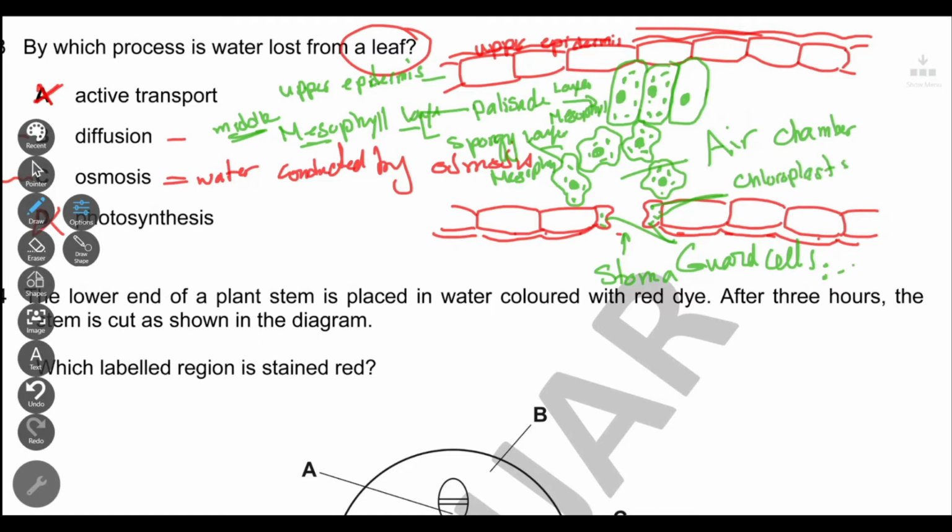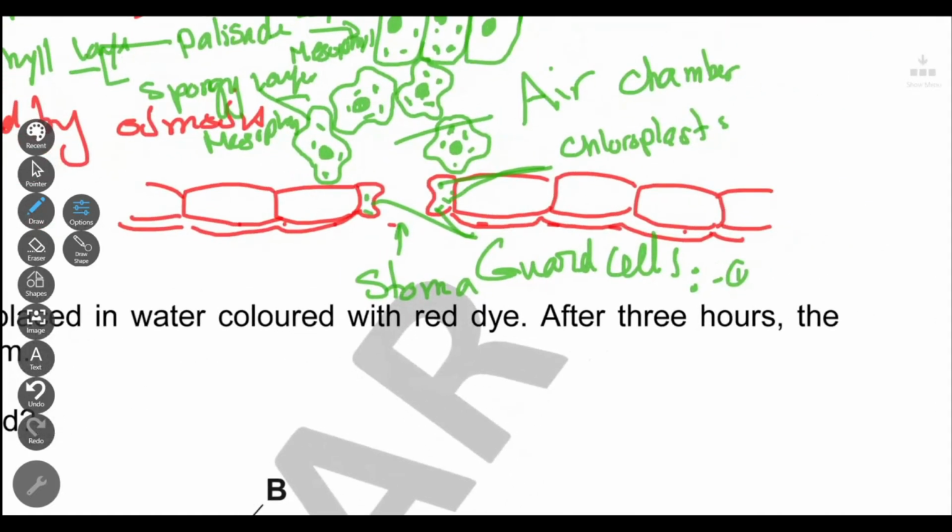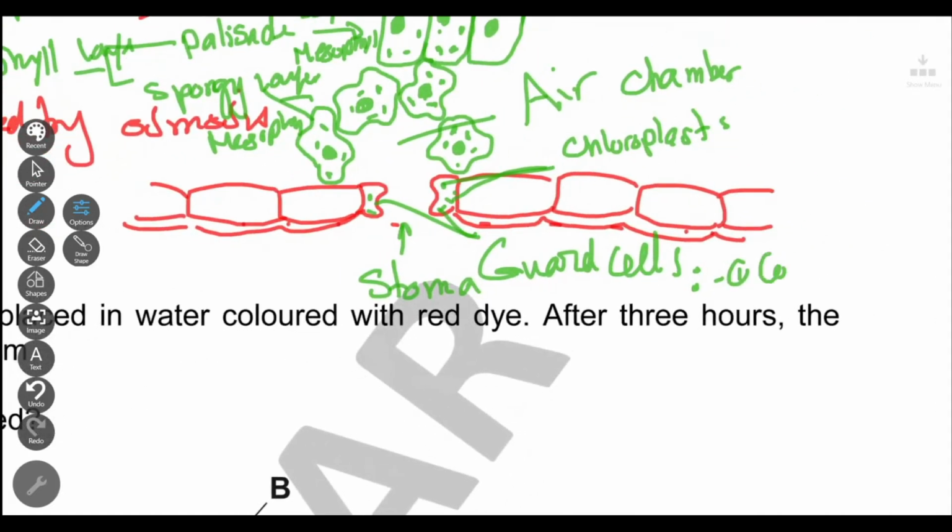So the guard cells have a lot of roles. Number one, they control the stomata, or the stoma, to open and close. Number two, they photosynthesize. Why?